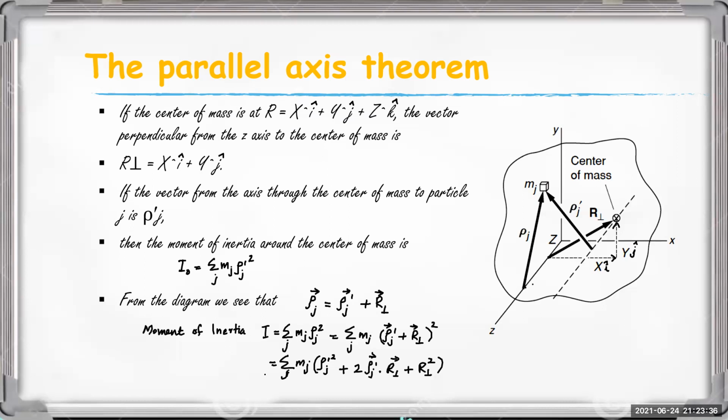Okay, then if we expand the brackets, the first term is summation j mj rho j dash square, and the second term is summation j 2 into mj rho j dash dot r perpendicular, plus summation j mj r perpendicular square.